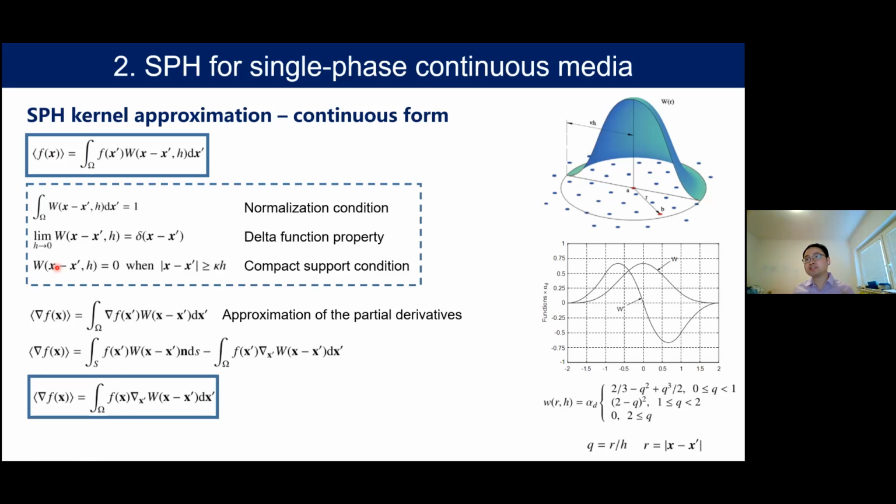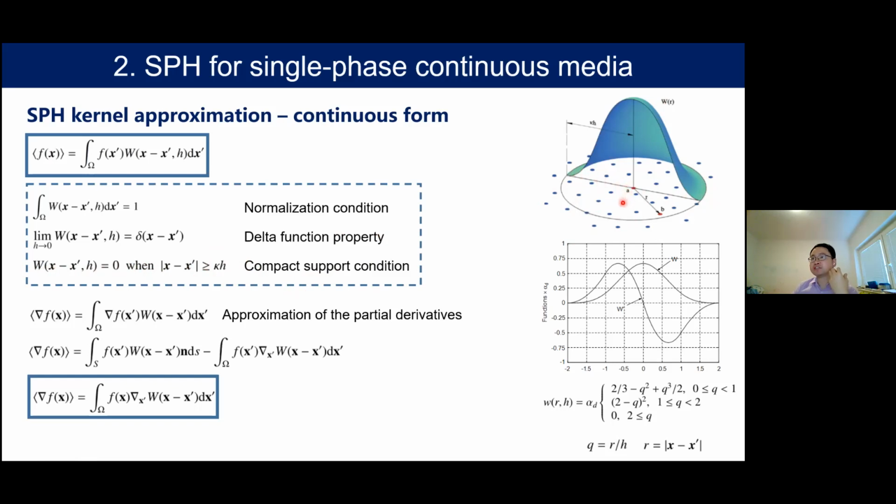So we need to limit the support domain, which means that the kernel function should have compact support, which means that it has a radius, which means that the radius is not infinite. And you can give it a radius based on some considerations.